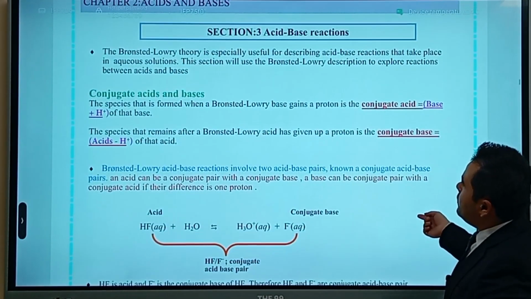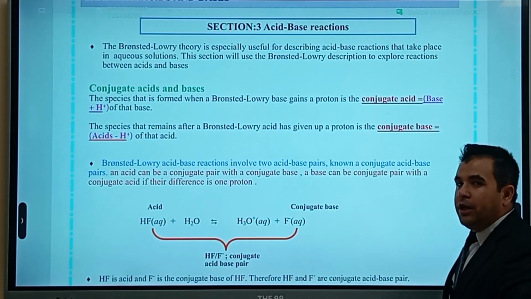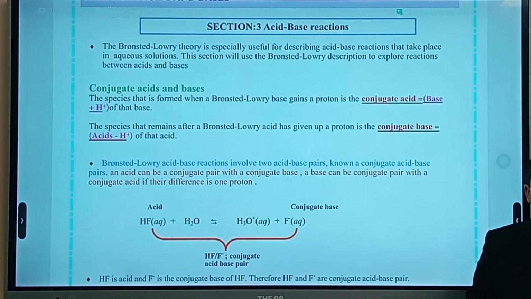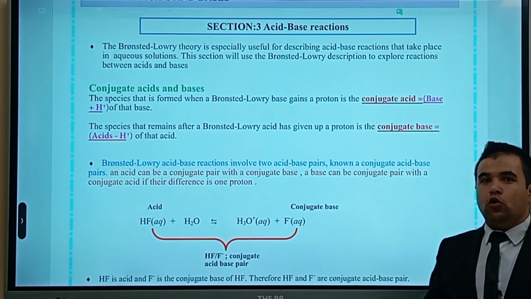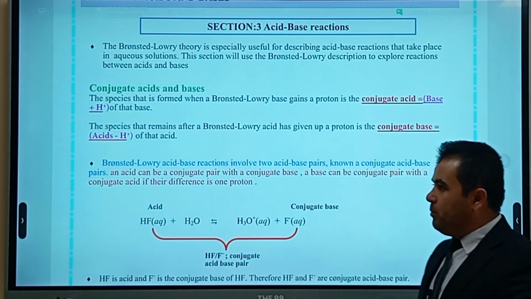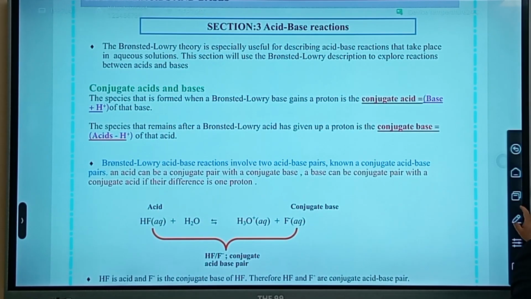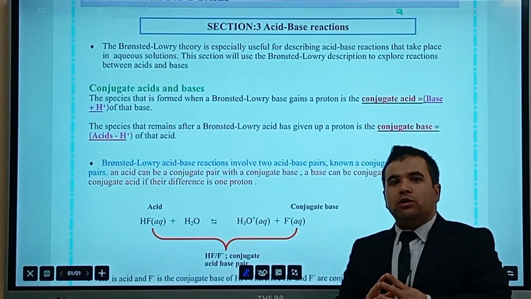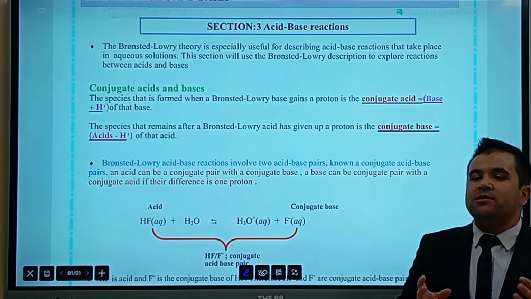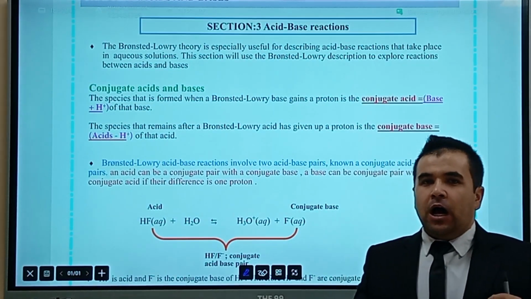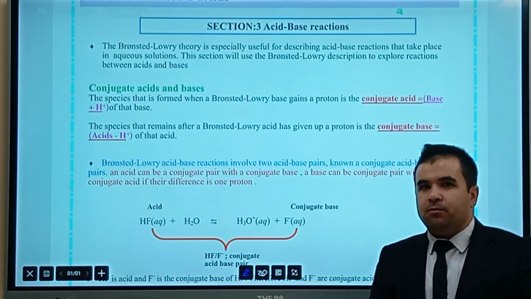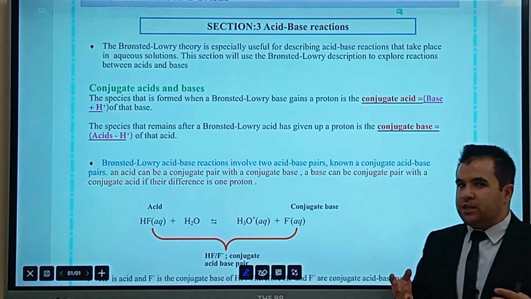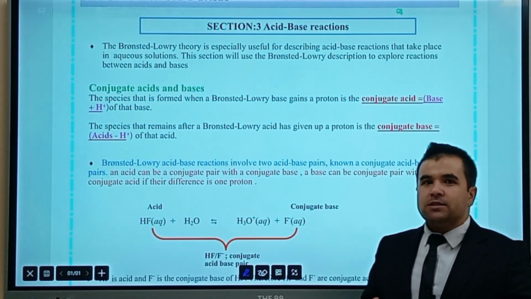And we have to talk about section 3, which is all about the acid and base conjugates. By conjugates, we mean the friends. Okay, guys. Previously, we talked about the definitions of the acids and bases. We have defined the acids and bases based on three definitions: Arrhenius, Bronsted-Lowry, and Lewis.